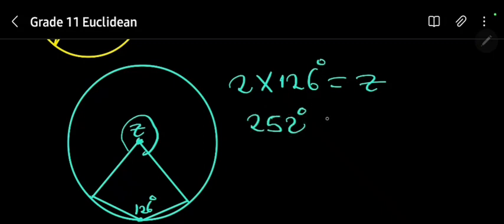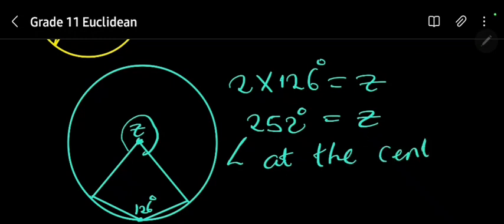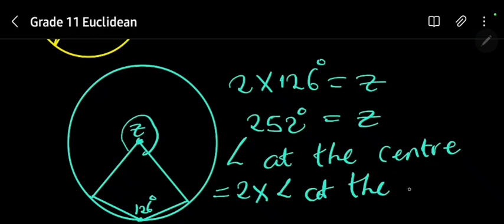Don't forget degrees, guys. And then what is your reason? Your reason is just going to be that the angle at the center is equal to 2 times angle at the circumference.